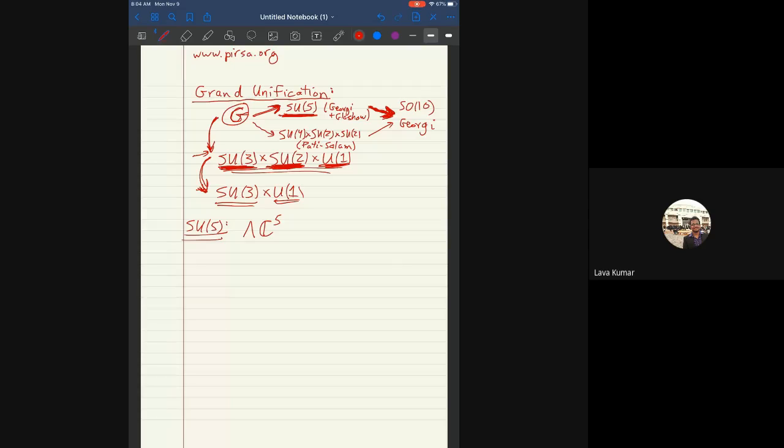And when SU5 breaks down to SU3 times SU2 times U1, this representation, lambda C5 of SU5, automatically breaks down to the representation F plus F star that I described on the previous page under the standard model gauge group SU3 times SU2 times U1.